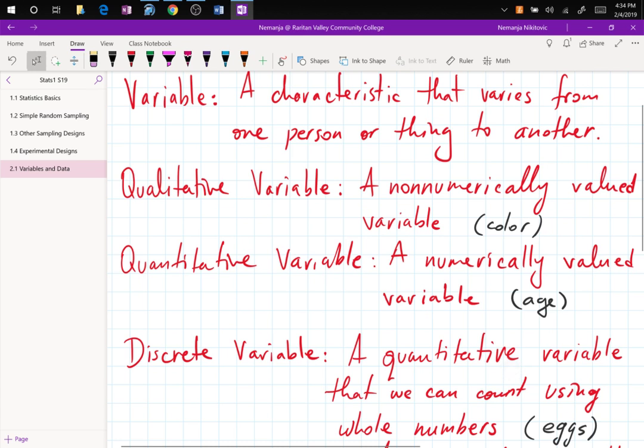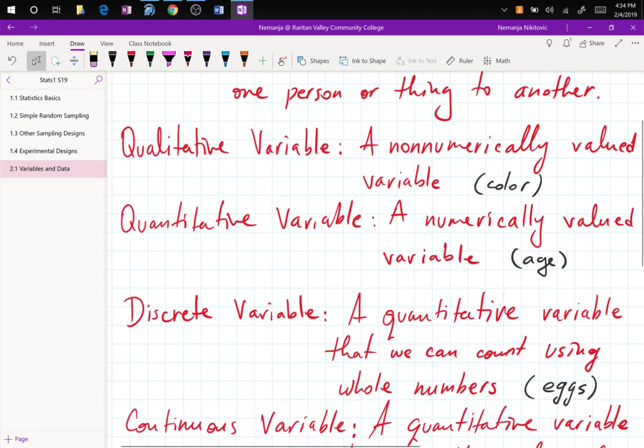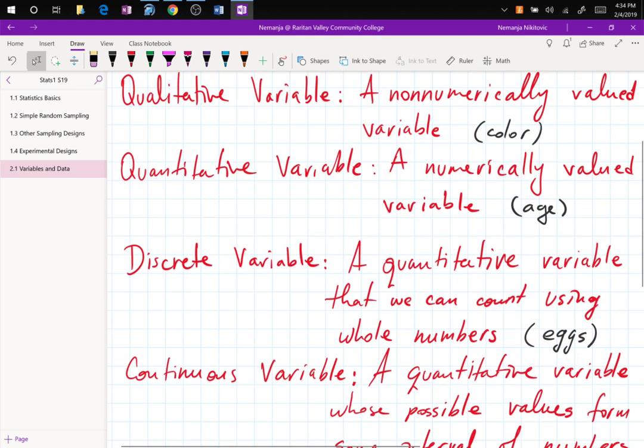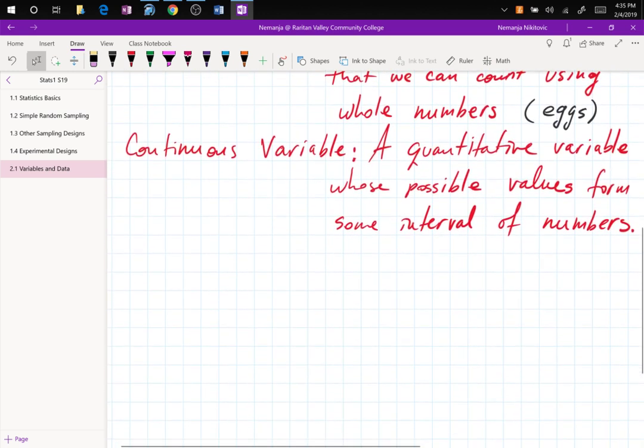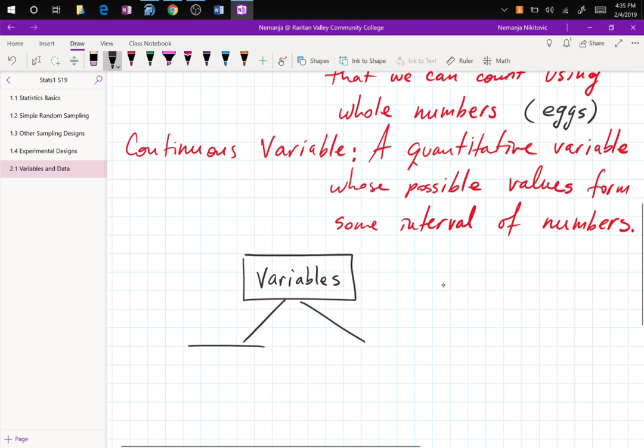A variable is a characteristic that varies from one person or thing to another. And then we are classifying quantitative, qualitative, and discrete and continuous. Now, to understand this on this scheme, you have variables. And they break into qualitative, which you can think of as descriptive, okay?